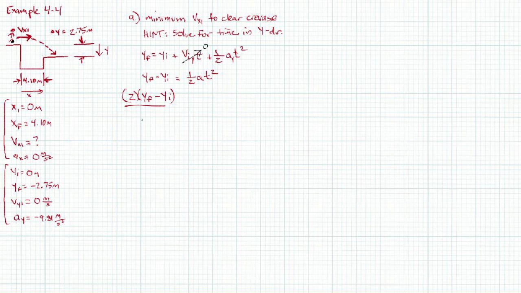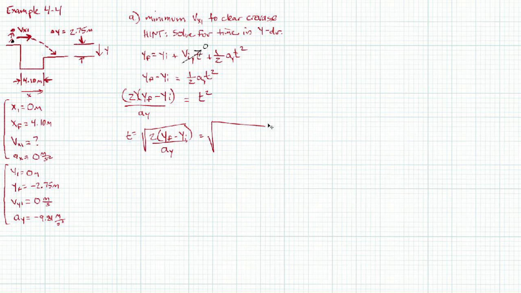And we're going to divide that all by acceleration in the y direction. That equals t squared. Well, one more thing to solve simply for t is to take the square root of both sides. So t equals the square root of 2 times yf minus yi over acceleration in the y direction. Well, what does that come out to be?